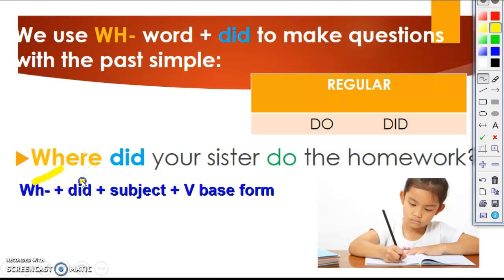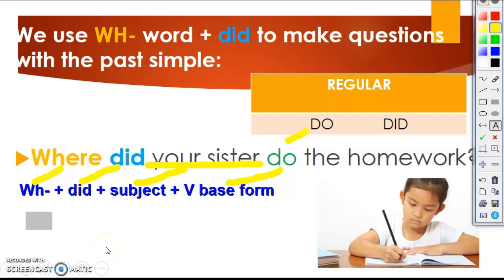WH word, did, subject, your sister, and the verb in the base form, do. Where did your sister do the homework?